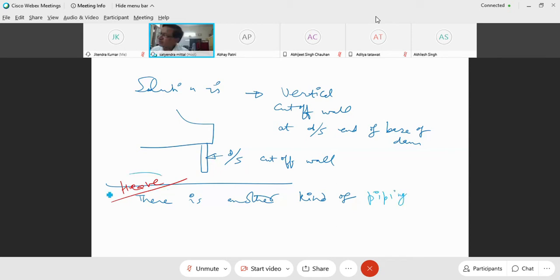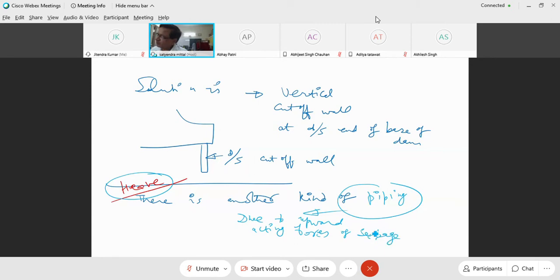This heave is another kind of piping, and this also occurs on the downstream side of the hydraulic structure. This is due to upward acting forces of seepage.